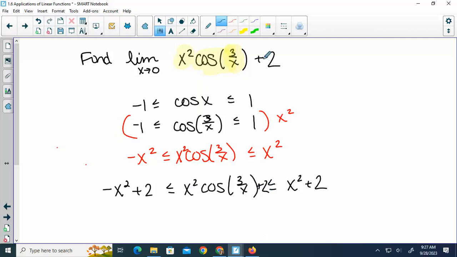So looking back, what's the next thing we need? Add the limit to all those pieces.